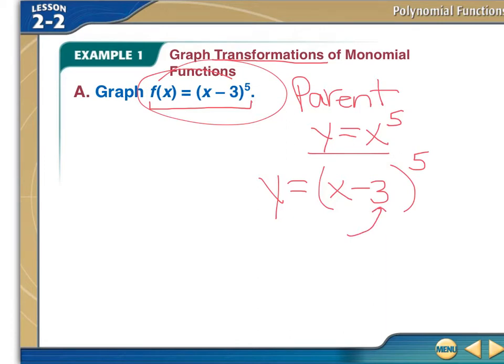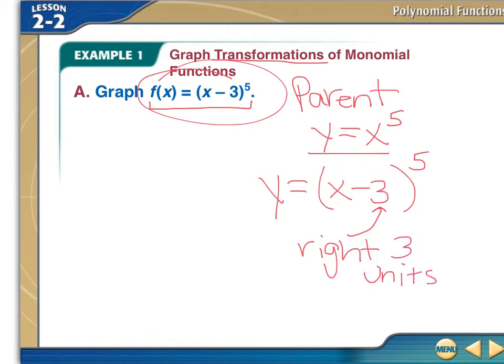So anytime we add or subtract inside of a grouping symbol, we are translating or shifting horizontally. All horizontal transformations are opposite of the sign. So we are shifting right 3 units.